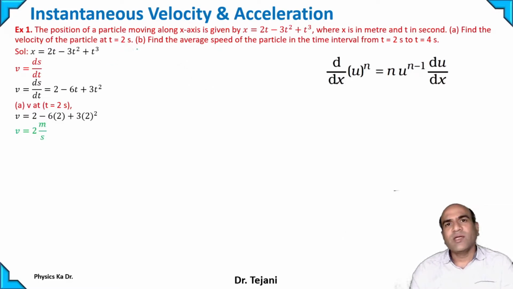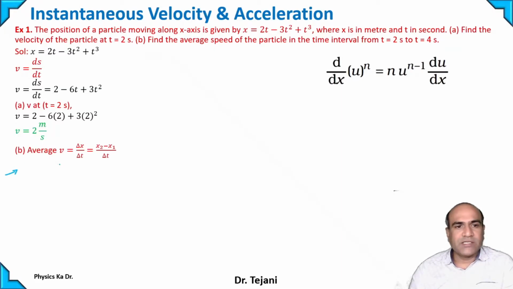Fine. Second is find the average speed. Here it is mentioned average speed, so you cannot take dv. Average speed is equal to delta x by delta t, that is, x2 minus x1 divided by t2 minus t1.